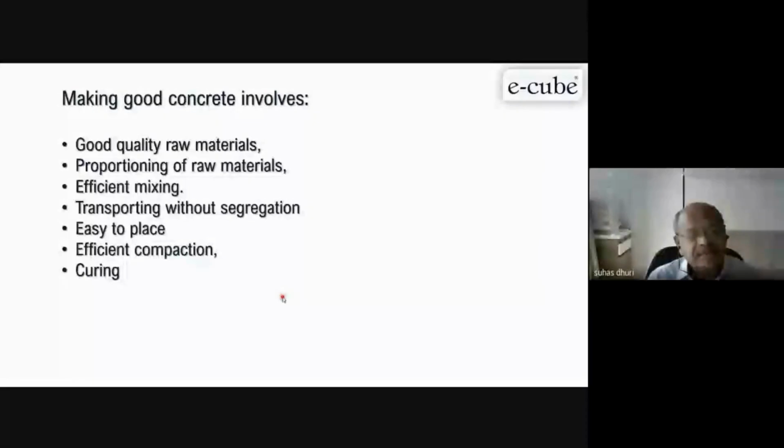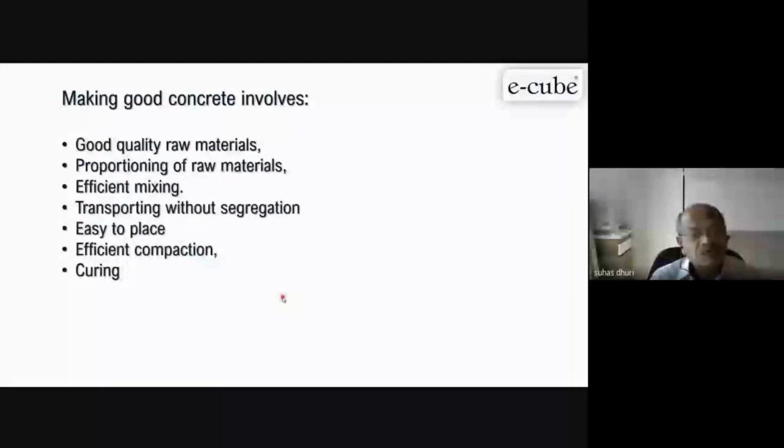Now cement has been replaced with cement plus supplementary cementitious material. Now supplementary cementitious material is finer than the cement, like fly ash or GGBS, or some amount of microfine material you are using. Those are still finer.